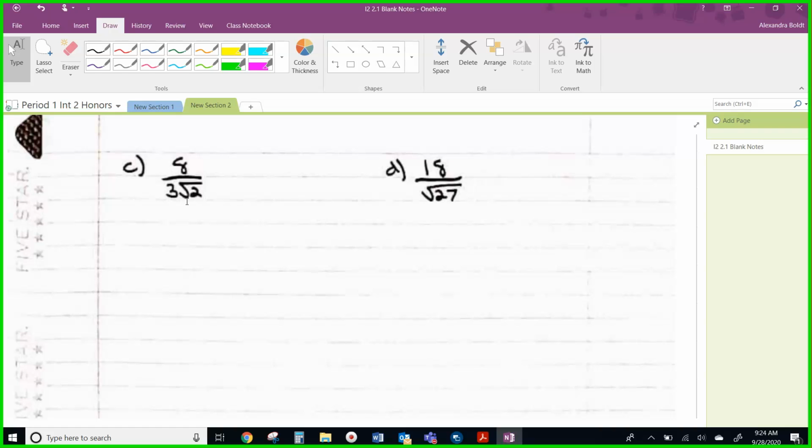So yes, square root of 2 is already as simplified as we can make it. So step 3, I'm going to multiply both the numerator and the denominator by that square root 2. So we get times square root 2 and times square root 2.